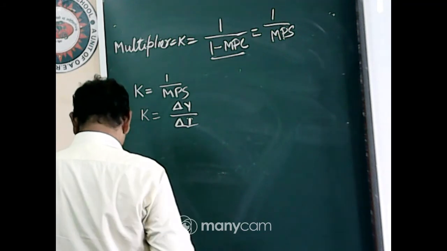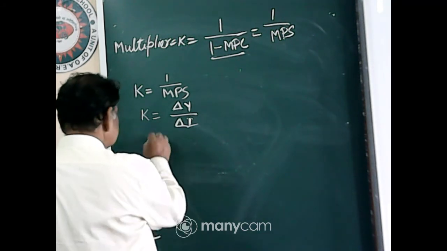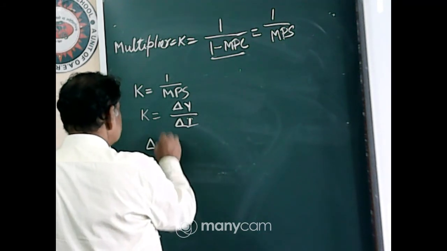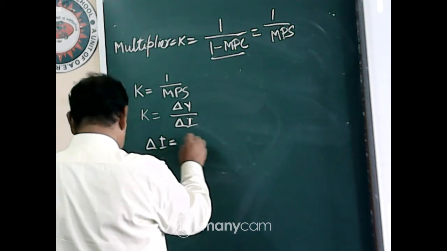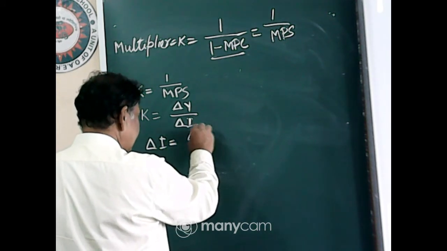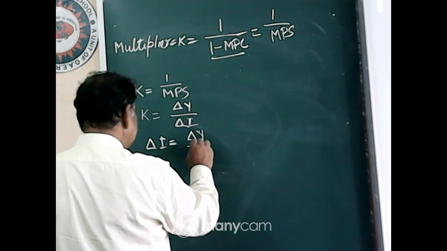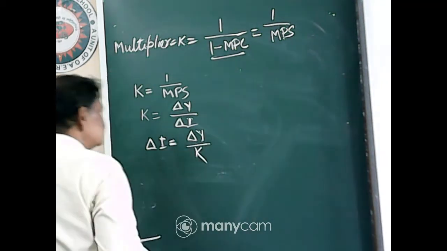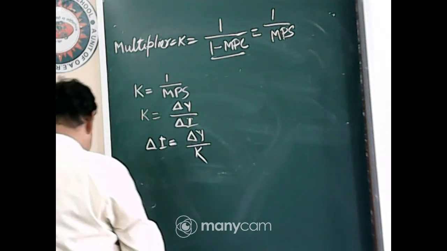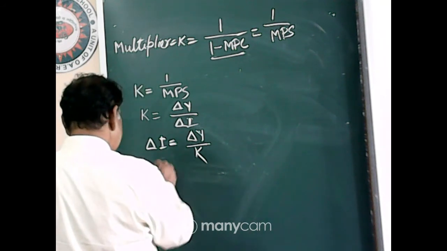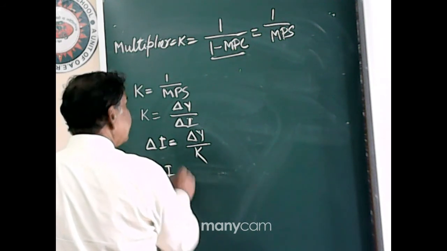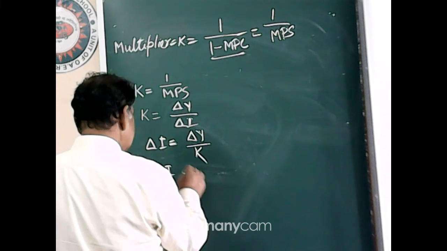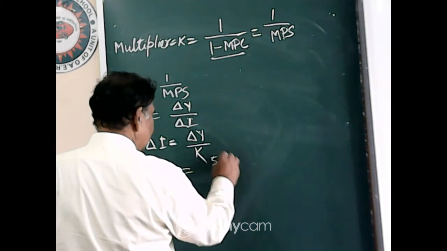If I do the cross multiplication, delta I is equal to delta Y by delta K by K. Delta I is equal to what we find? 50,000 by 2.